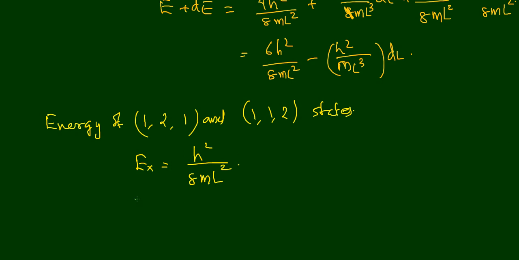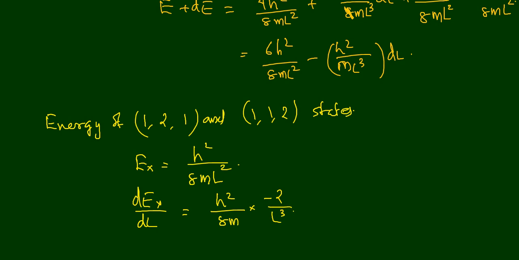Okay, so we can write dEx divided by dl is equal to h square divided by 8m into d by dl of 1 by l square, that is equal to minus 2 divided by l cube, right?